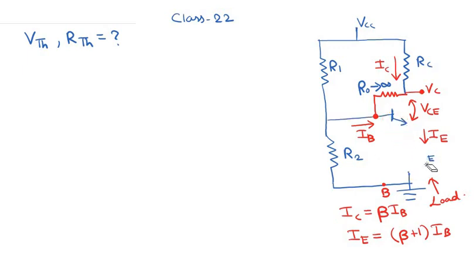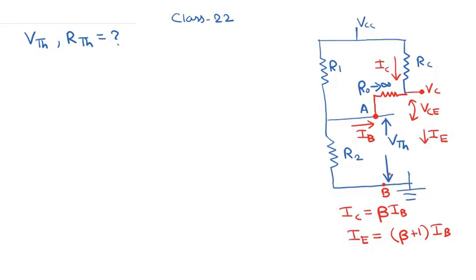Again, I deleted a large portion of the circuit. I disconnected the load from here, and I have to find the open circuited voltage between this point A and this point B. This open circuited voltage is my Thevenin's voltage VTH.